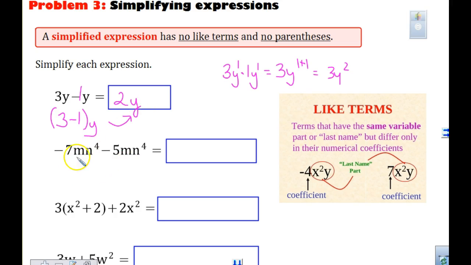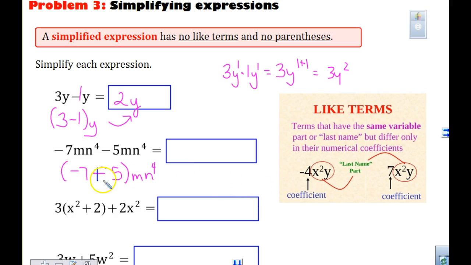So again, we're going to look at this next one. We have like terms. So we're going to think, oh, I have to take negative 7, and I know it's a minus 5. We're going to change this subtraction to adding the opposite, because many of you are still making mistakes with your integers.